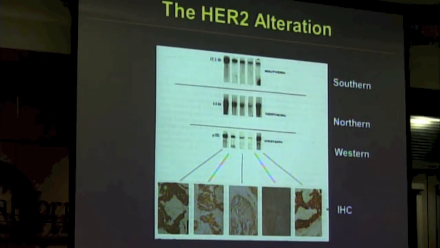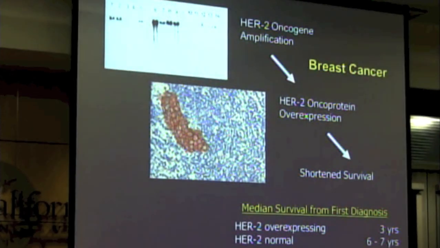Does it mean anything? Well, first of all, it occurs in about 20 to 25% of all breast cancer globally. So of those 1.6 million new cases every year, 20 to 25% have made this mistake in the breast tissue sometime during the life of the individual. Does it mean anything? Well, here's what it means.